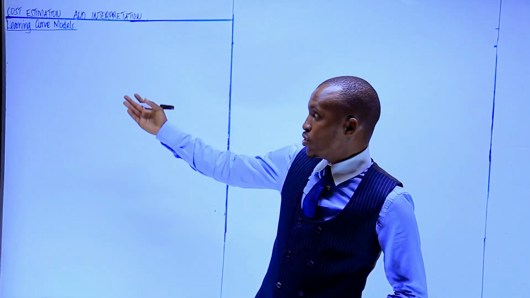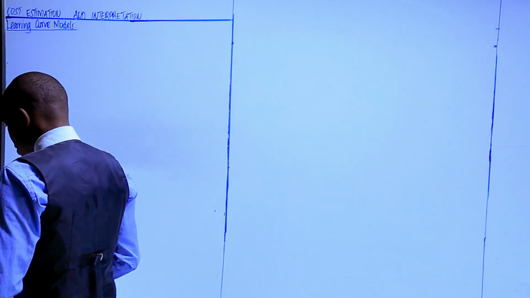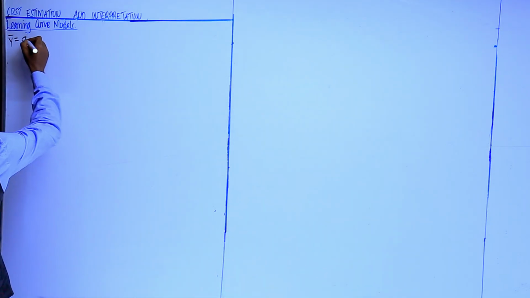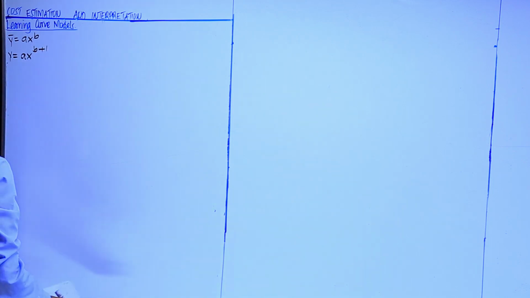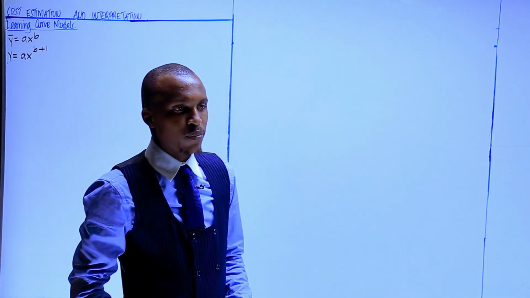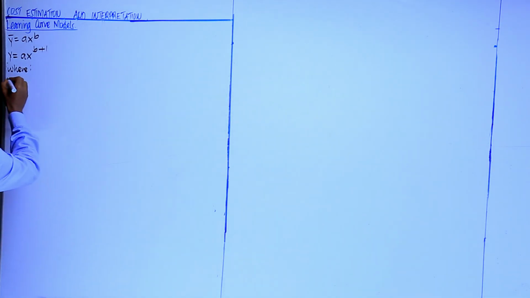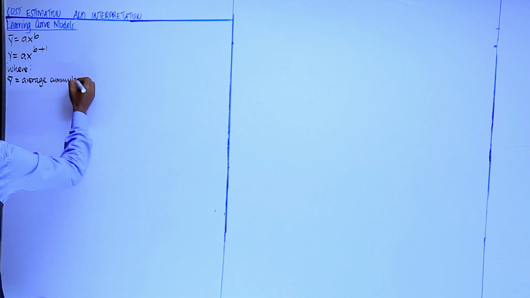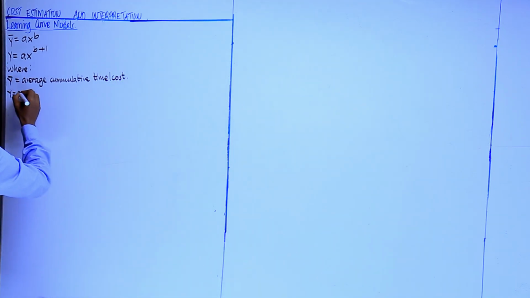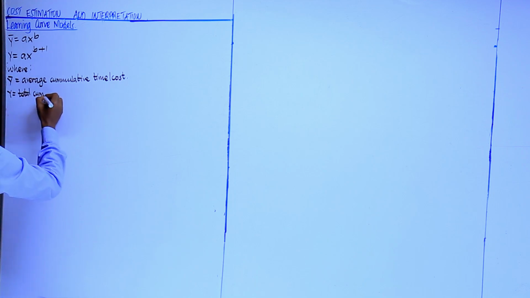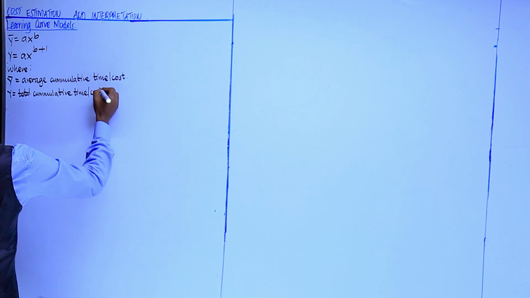So the learning curve model is a nonlinear regression model of the form y equals a x to the power b plus 1, or 1 plus b, where y is the average cumulative time or cost, that is the total cumulative time or cost.